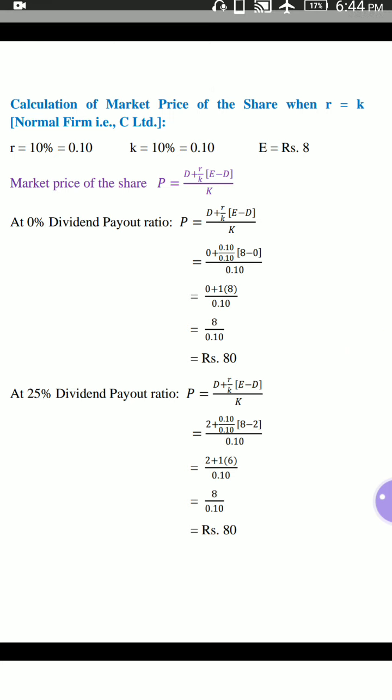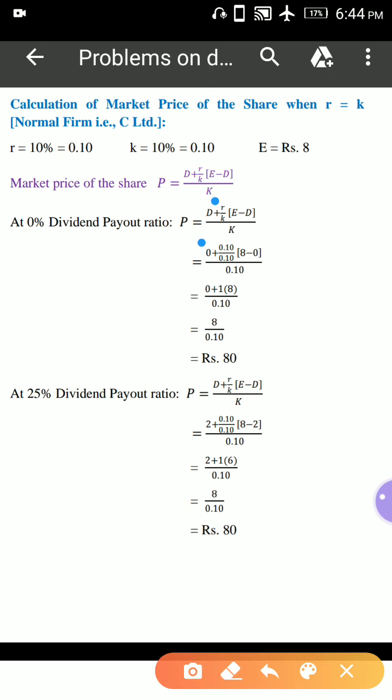D value 0, R value 0.10 divided by K value also 0.10 into (8 minus 0), that is E minus D, E is 8, D is 0, divided by 0.10. 0.10 divided by 0.10 means 1. 1 into 8 is 8. So 8 divided by 0.10 is equal to 80.